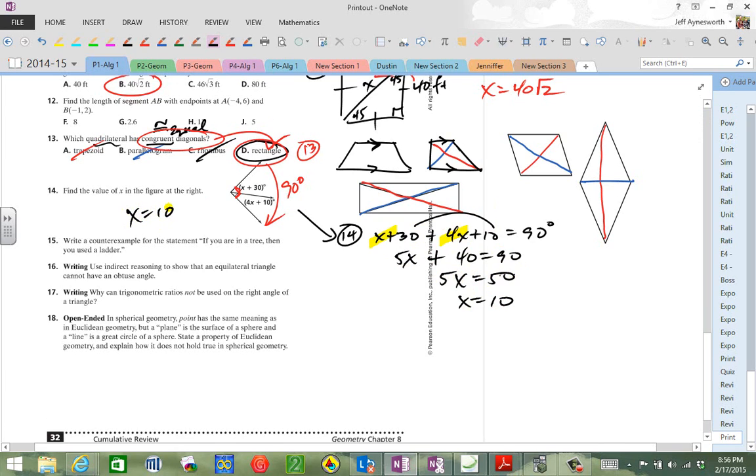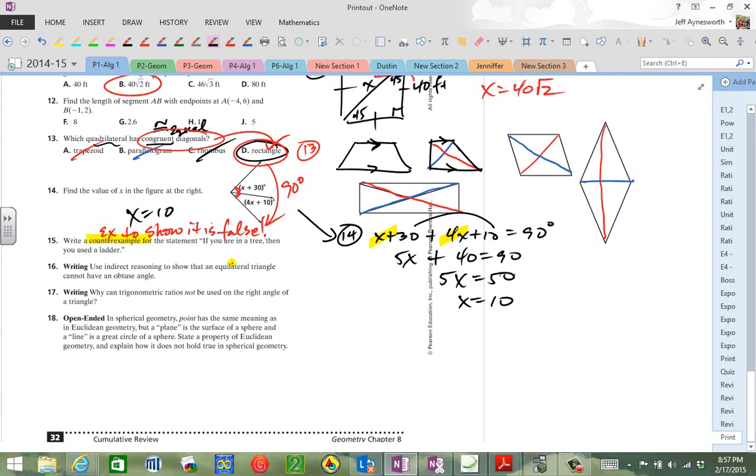Okay, and then the rest here. Write a counterexample. A counterexample is an example that shows something is false. That's what a counterexample is. So let's find one. If you are in a tree, then you use the ladder. Oh, that's not true. If you're in a tree, then you could have just climbed it.